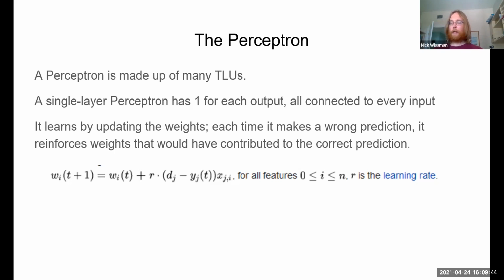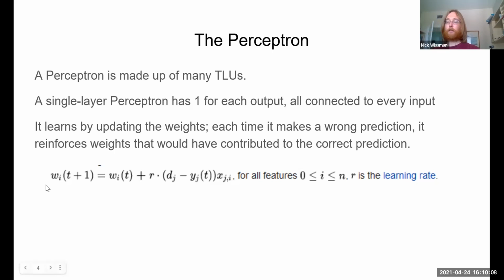And in order to train it, it's going to keep making predictions. And each time it makes an incorrect prediction, it's going to reinforce the weights that would have contributed to the correct one. So we have this equation here, which is a lot of math to be thrown at you all at once, or a lot of notation, but it's not super tricky.